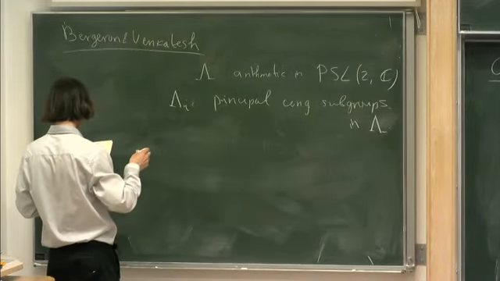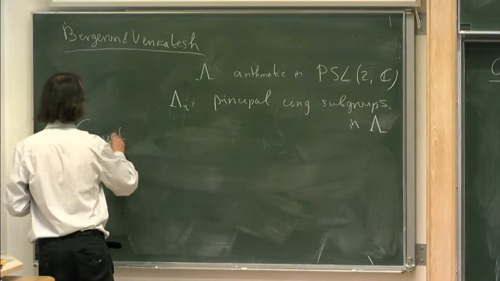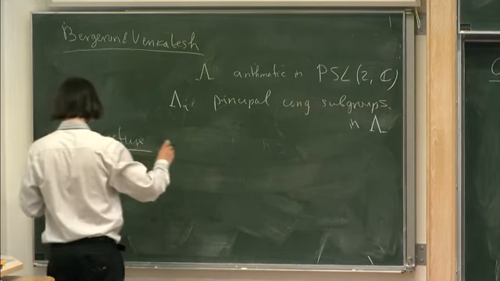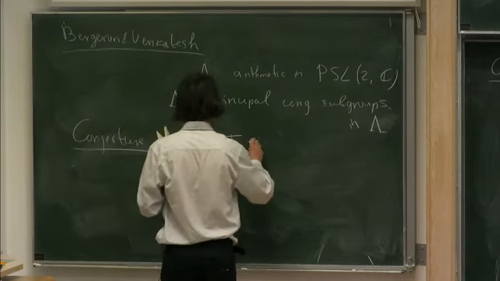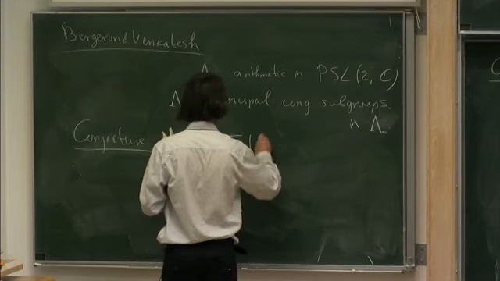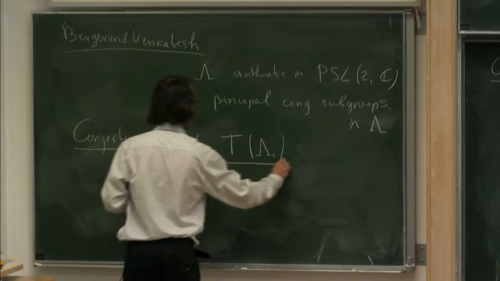Then the conjecture in this case is that this torsion grows exactly exponentially, with a very precise expectation for the exponent.